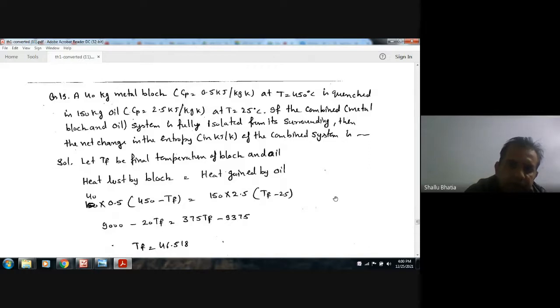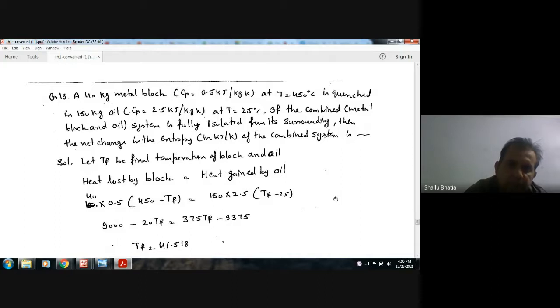If the combined metal and oil system is fully isolated from its surroundings, then the net change in the entropy of the combined system is. Here the mass of the block is 40 kg, and the temperature is 450 degrees Celsius. Now it is quenched in this oil, with mass and temperature given.